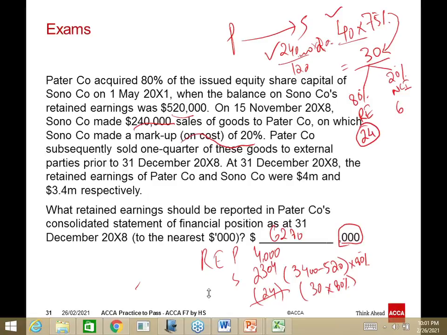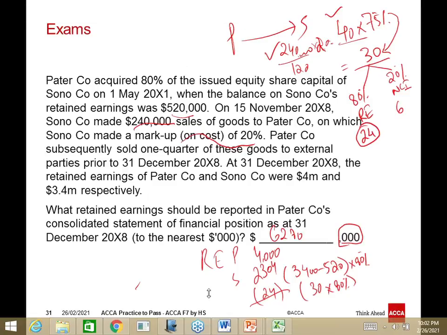The percentage will always be applied, but in the examination kit, normally the examiner, in the Kaplan kit, adjusts the unrealized profit figure in the net assets. So if you apply the percentage on net assets or on the individual items individually, that's totally the same. Should sales from subsidiary to parent be included in the consolidated reserve?